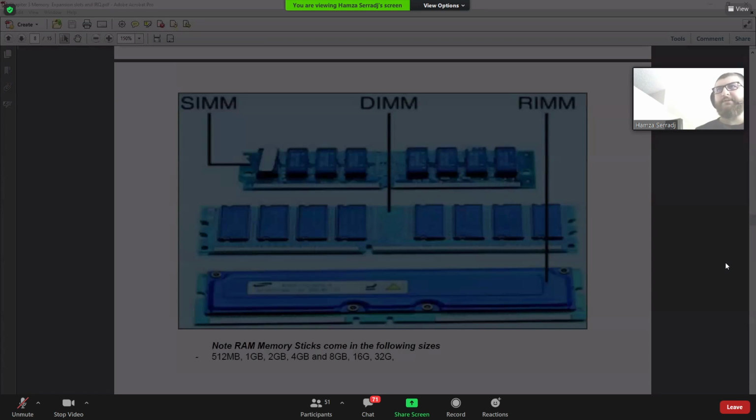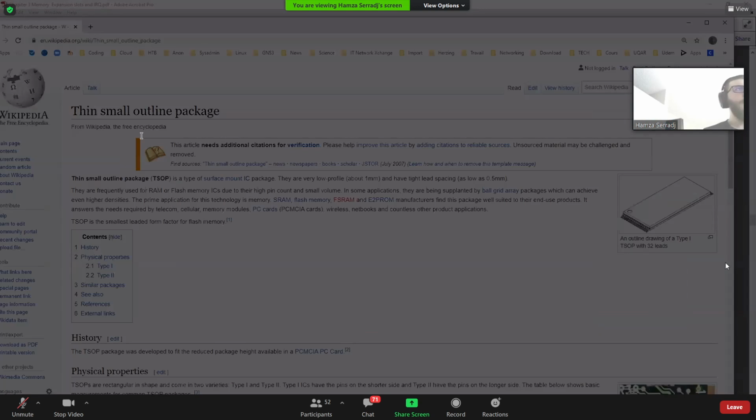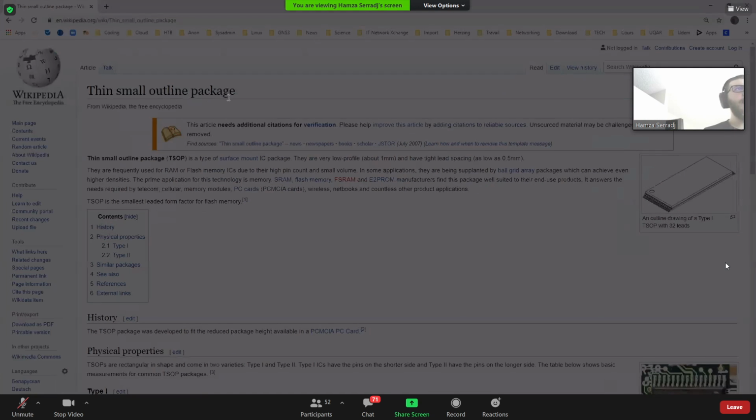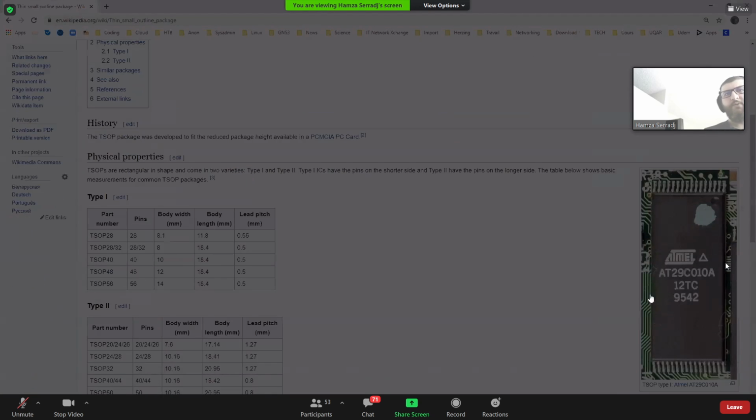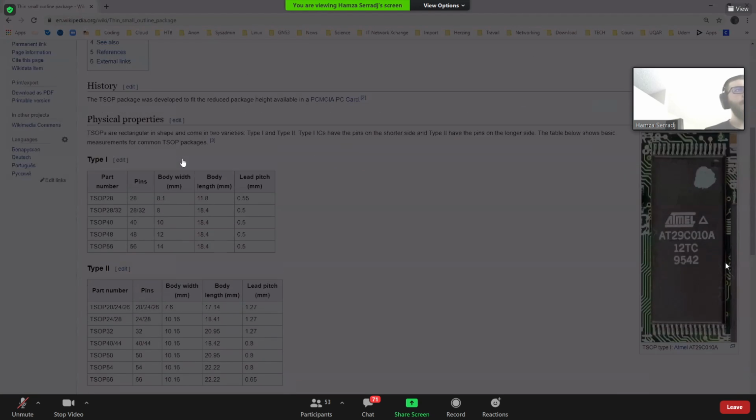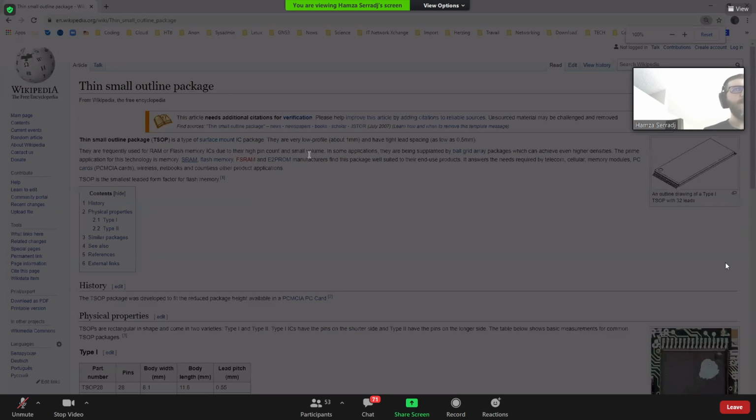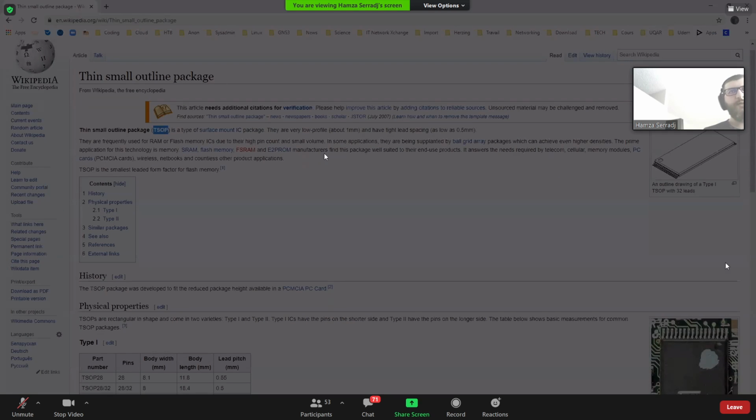Well, it's just for me, right, to remember that. Yeah, that's it. See, thin small outline packages that we use on a memory, or usually we call them TSOP. So the type of the chip, exactly, electronically speaking, right?